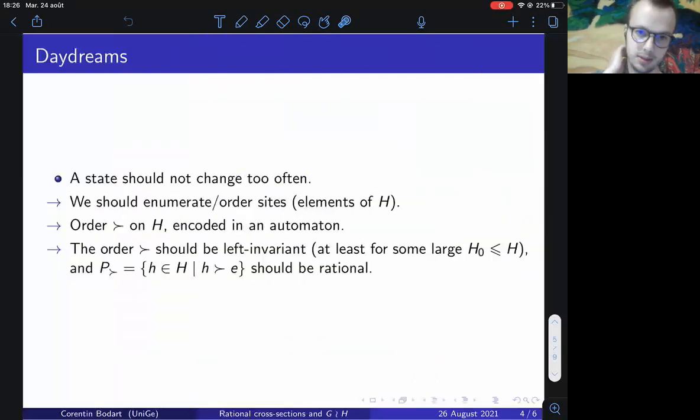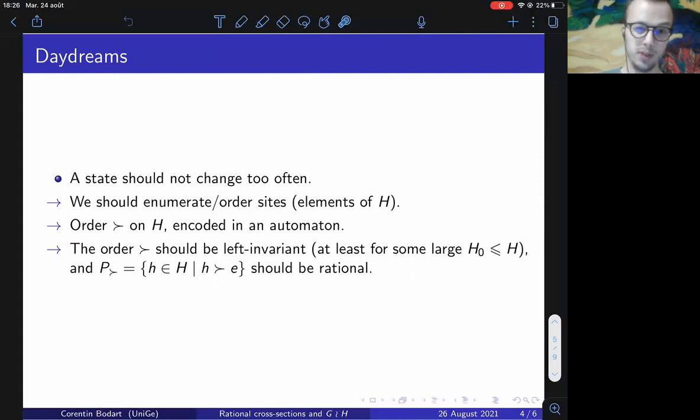Next slide, I want to describe morally what we would like to have in order to construct a rational cross-section on a wreath product. Even though it's not strictly prohibited, we would really like not to change the state of a given lamp too often.